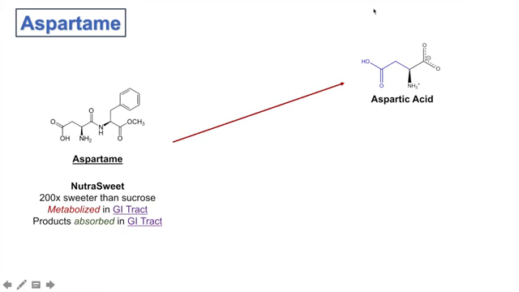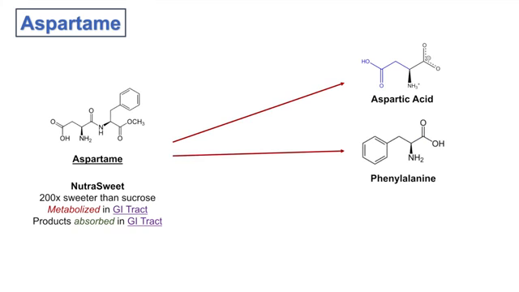So if you look at the structure of aspartic acid here, you can see that it is the same structure that I'm circling right now. So this is the aspartic acid portion of aspartame. Now another portion of aspartame that gets released is phenylalanine. Phenylalanine is an amino acid, and you can see here that this structure is phenylalanine.